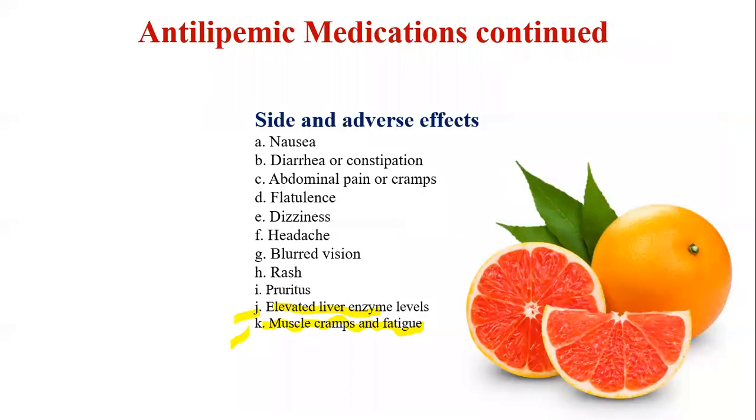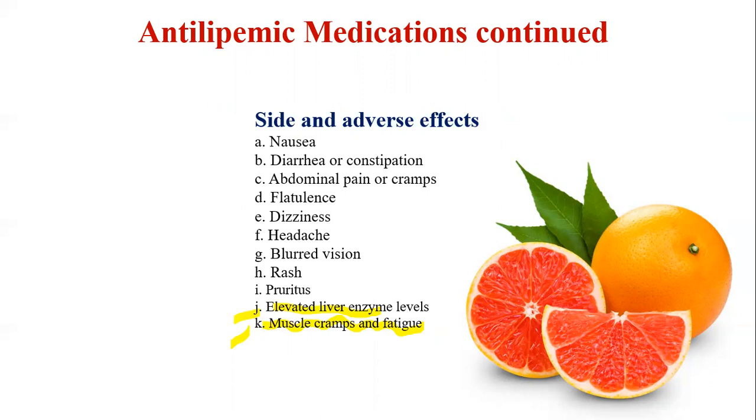So what are the common side effects of these drugs? The common side effects: they can cause nausea, diarrhea or constipation, abdominal pain, flatulence, dizziness, headache, blurred vision, skin rash, pruritus, or elevated liver enzyme level. So this group of drugs can cause liver damage.